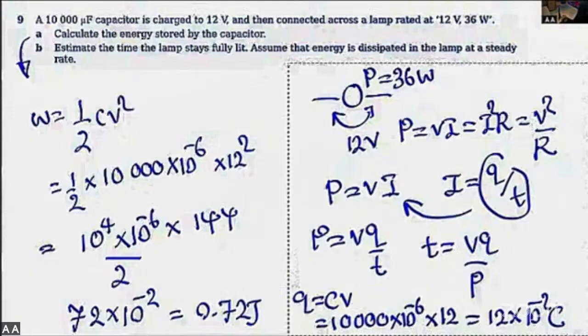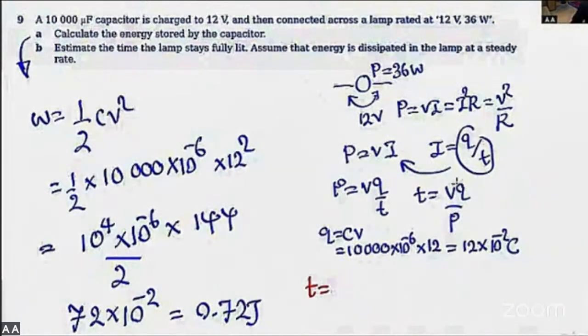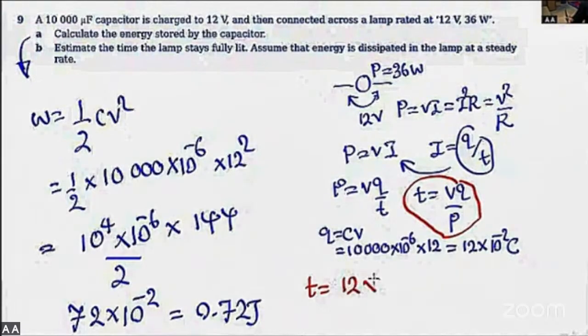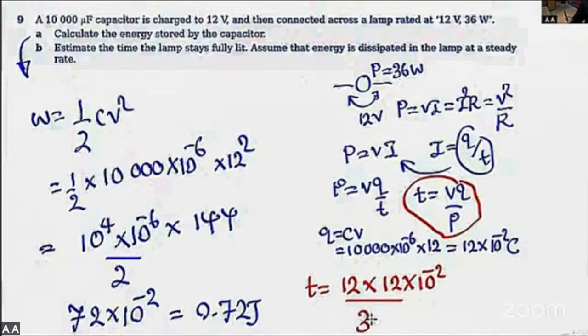Then we can substitute. Time equals voltage, 12 volt, into 12 into 10 to the minus 2 over power 36. Then we can cancel.